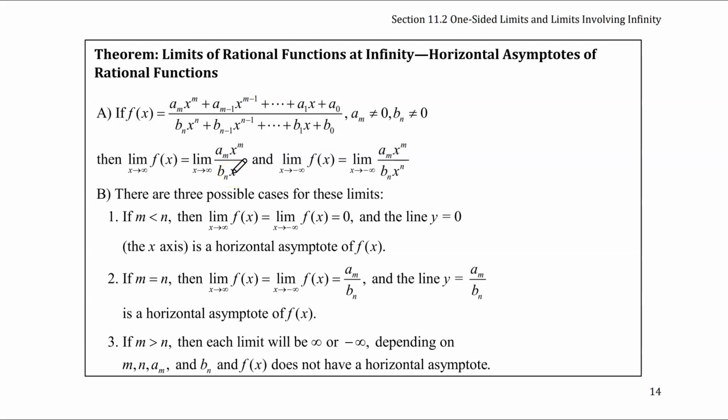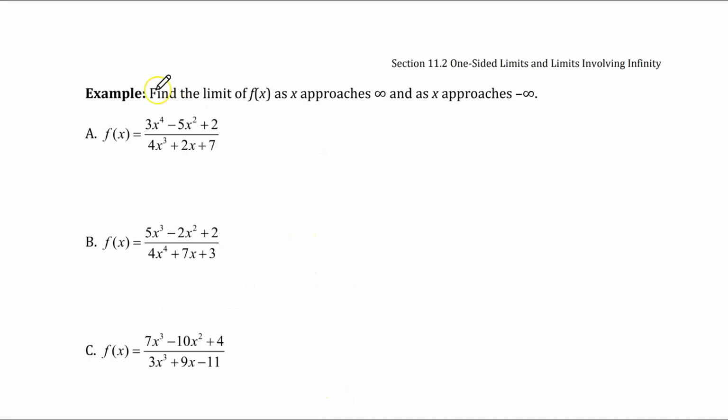And then if you evaluate the limit, you will either get a positive or a negative infinity depending on the values of your a sub m and b sub n. It follows the rule of signs. So in that case, if you get either a positive or a negative infinity, the graph does not have any horizontal asymptote.